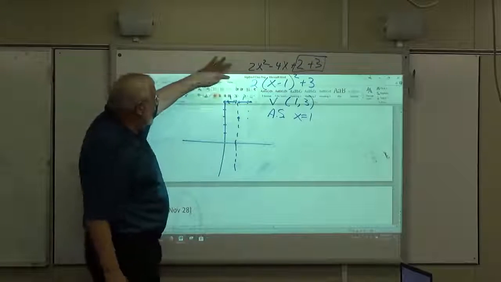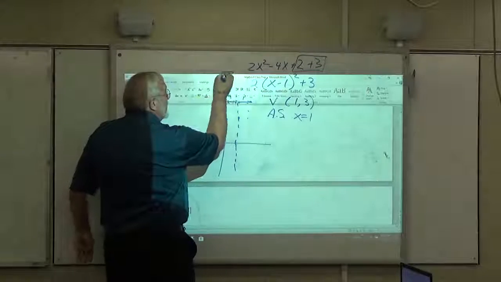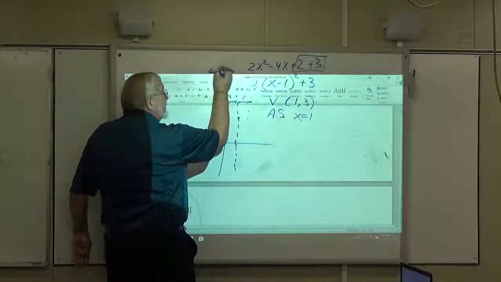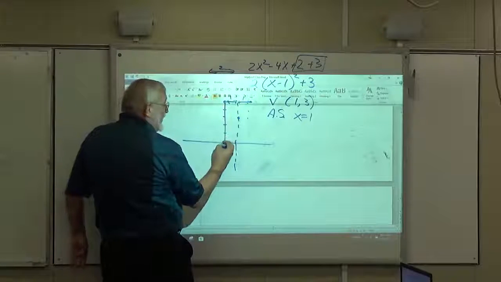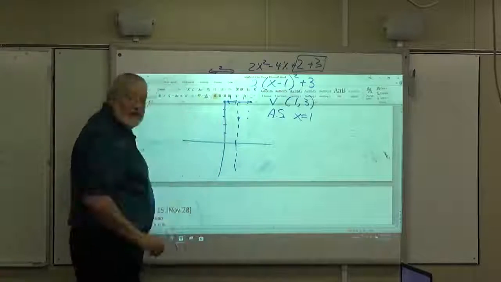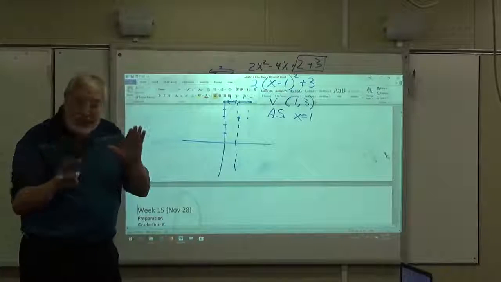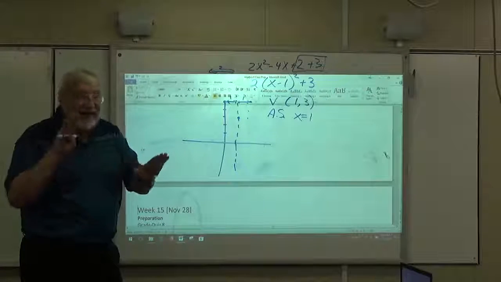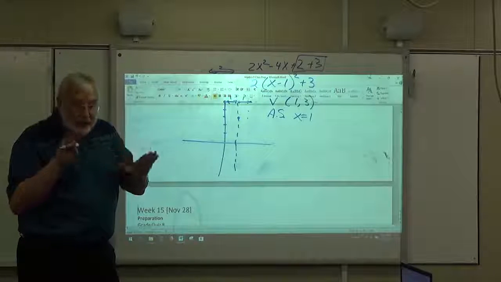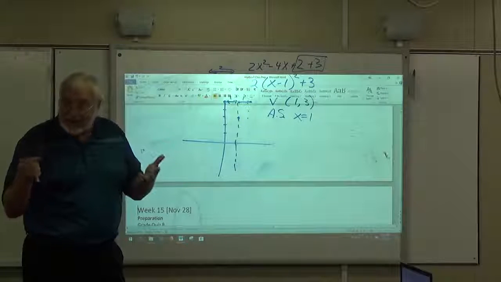And so if it had been over 2, I'd be way up here. So this is 2, but it would have been 8 above this point. Right? The parent graph plotted and the symmetrical part of the graph all work together.